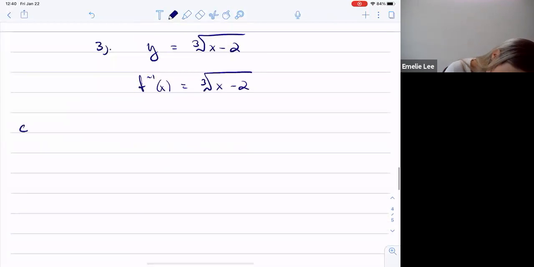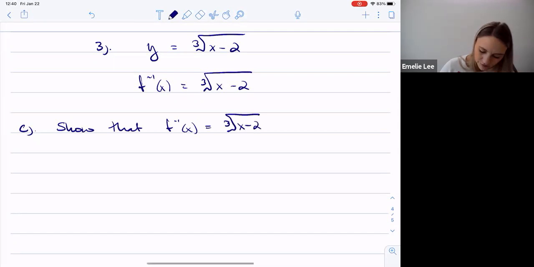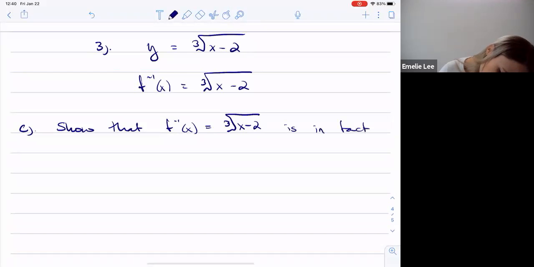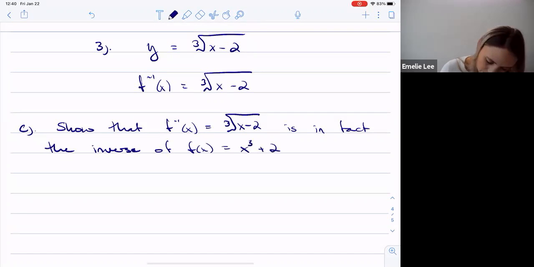So part C here. Show that f inverse of x, and I'm going to bring them both here so I can have them available, is in fact the inverse of f of x, which, just as a reminder, is x to the power of 3 plus 2.